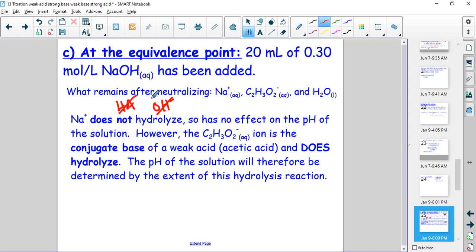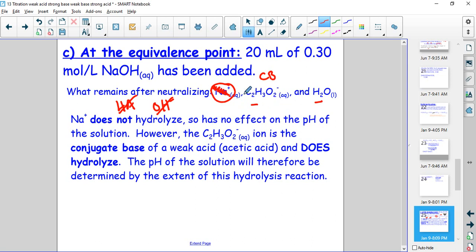These two don't exist. So what's left is our neutral ion from sodium hydroxide, right? Sodium ion. And of course, this doesn't affect pH, so we can ignore that. So what's really left is our conjugate base, acetate, and water.